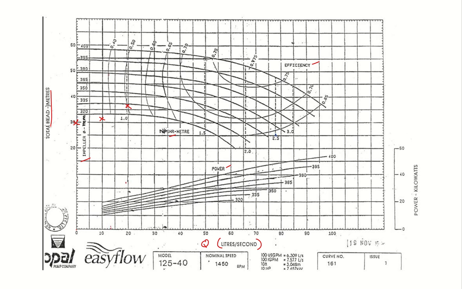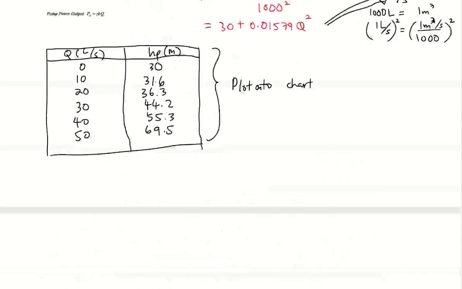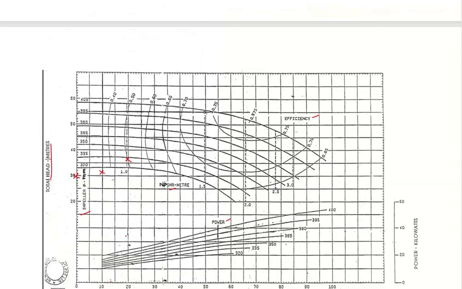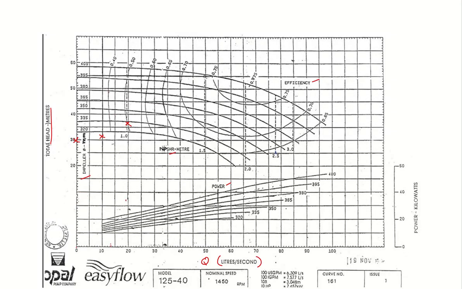And then we have 44, if not mistaken. Go back to the table. 44 for 30. And then 55, where is it? Is here. And 69.5 is somewhere here. So that is the maximum. So you connect all the points. All right. So this is your system curve.